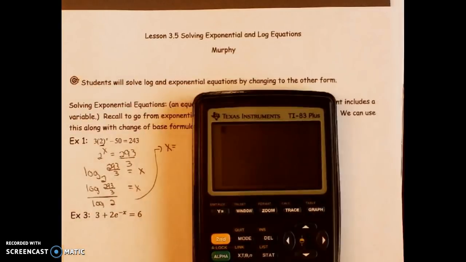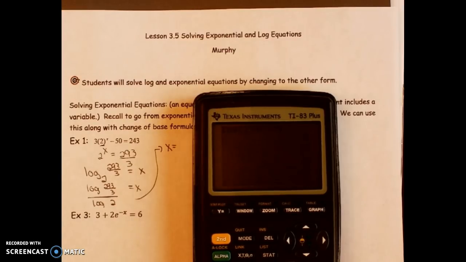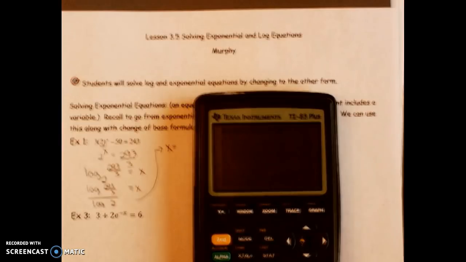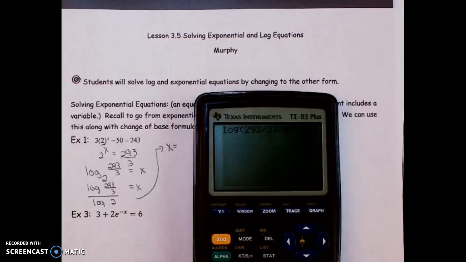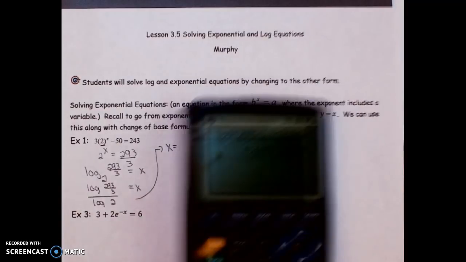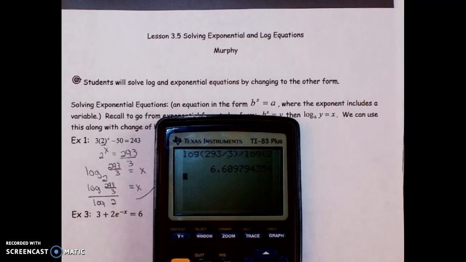So just to make sure you're with me there, I have log of 293 divided by 3. And I'm going to divide that by the log of 2. And we get the following answer. I'm coming up with 6.61.